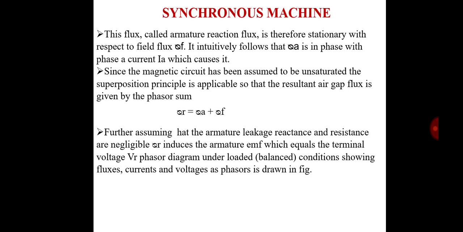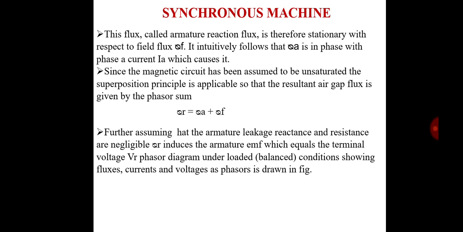This flux is called armature reaction flux, and is therefore stationary with respect to field flux phi F. It intuitively follows that phi A is in phase with the phase A current Ia which causes it.